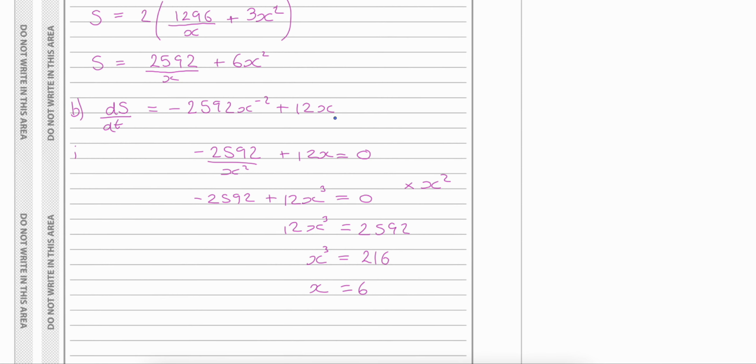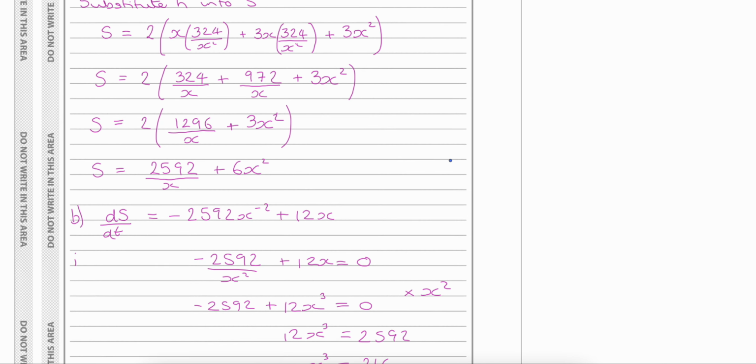So you make it equal to 0, move the 12x on the other side, or the 2592 over x squared on the other side, multiply by x squared, divide by 12, and then finally cube root will give you the x value of 6. So that means at 6, we have a stationary point.